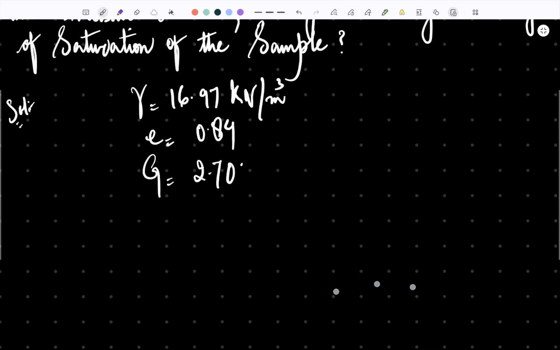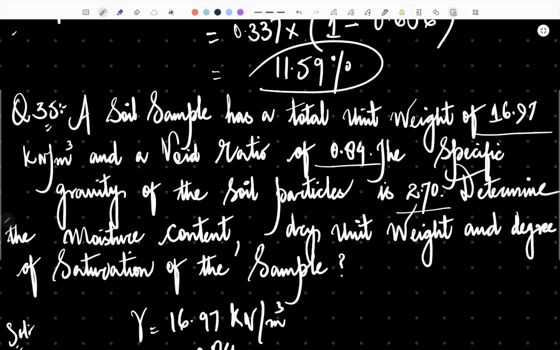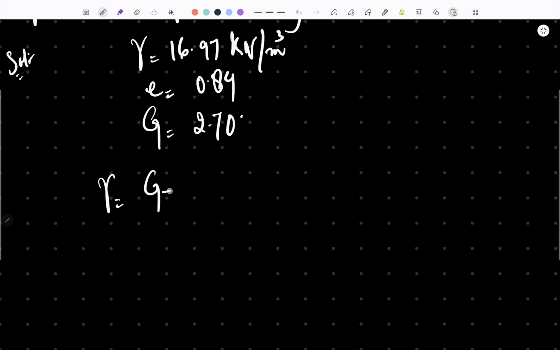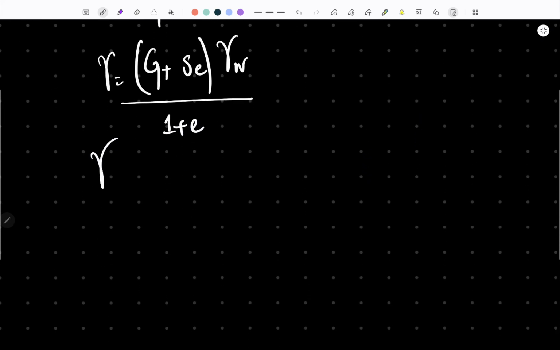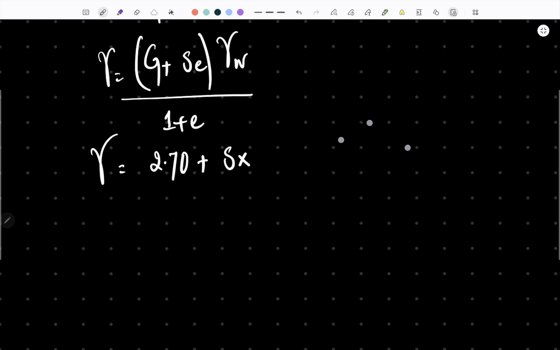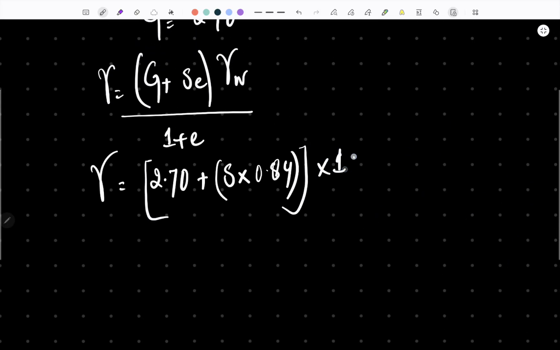Let's first use the generalized equation for the total unit weight or the bulk unit weight, that is (G plus SE) times unit weight of water divided by 1 plus E. So this is equal to how much? G is 2.70 plus S times E, 0.84, multiplied by unit weight of water, 10 kilonewton per cubic meter, divided by 1 plus E, E is 0.84.